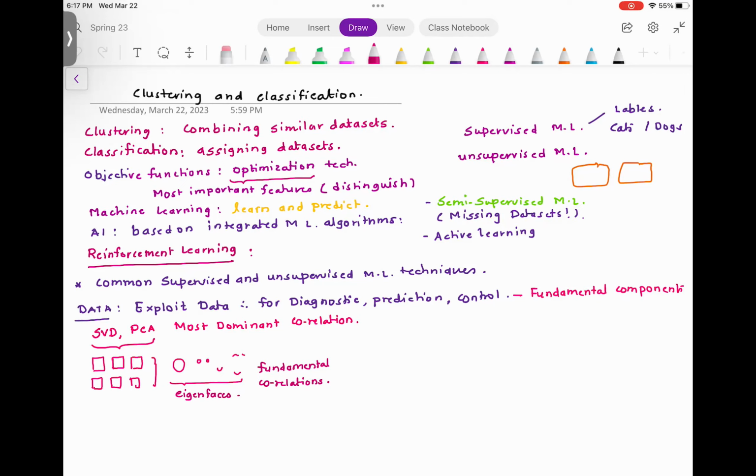So all this basically leads to the construction of an intrinsic, low rank feature space embedded in the data set.